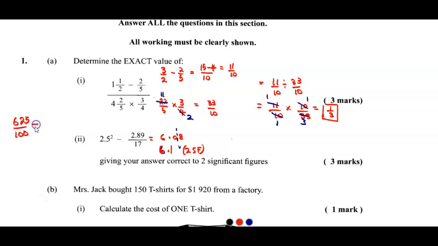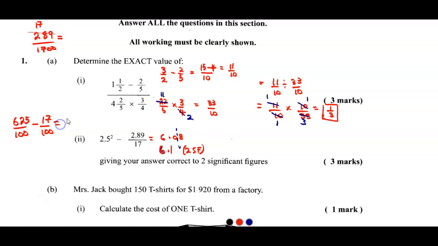Minus, if we times 289 by 100, we need to times the numerator here by 100 as well. So what we have is 289/1700. And remember, 17 squared is 289. So we could simplify this by dividing by 17, cancel it down. So what we have there is 17 over 100.